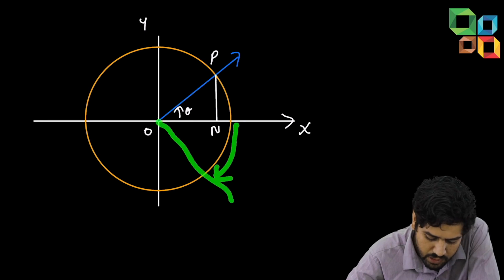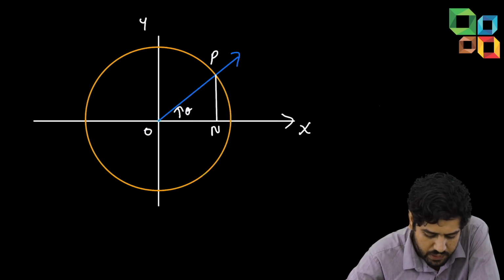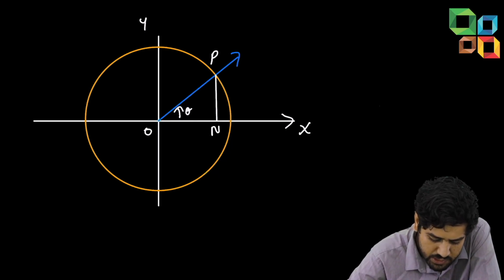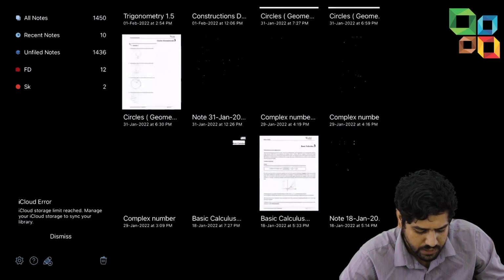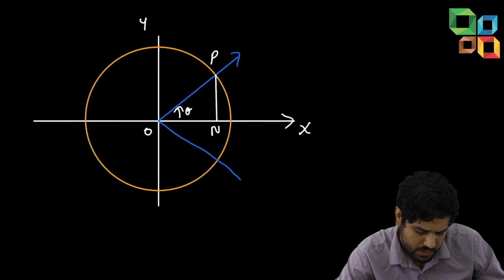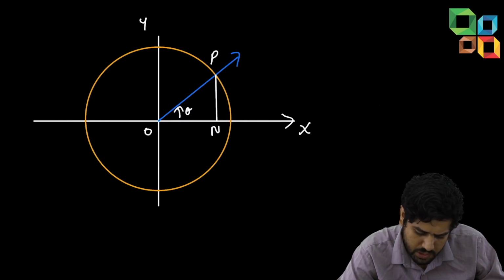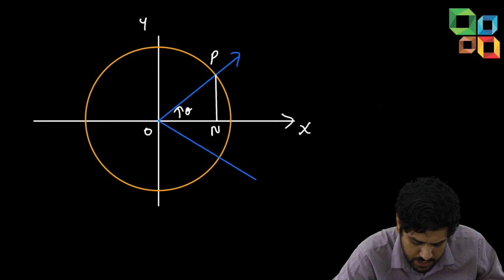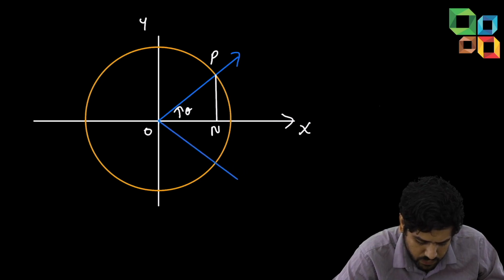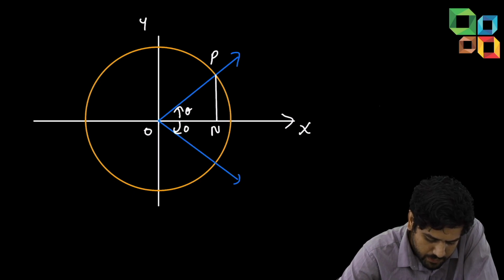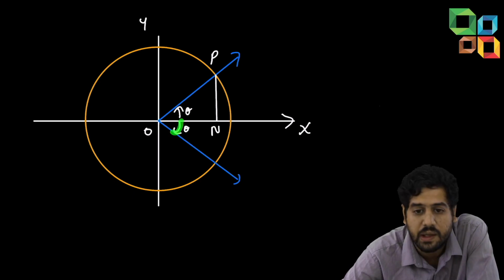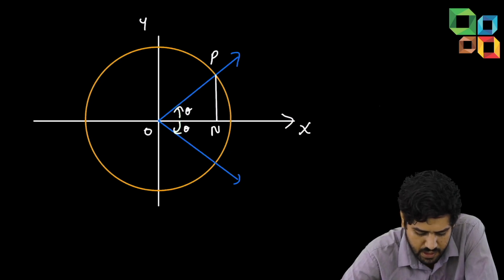In the clockwise direction, that will give you minus theta. So you have to draw the ray such that this angle will be theta, in this direction. So this will give you minus theta.